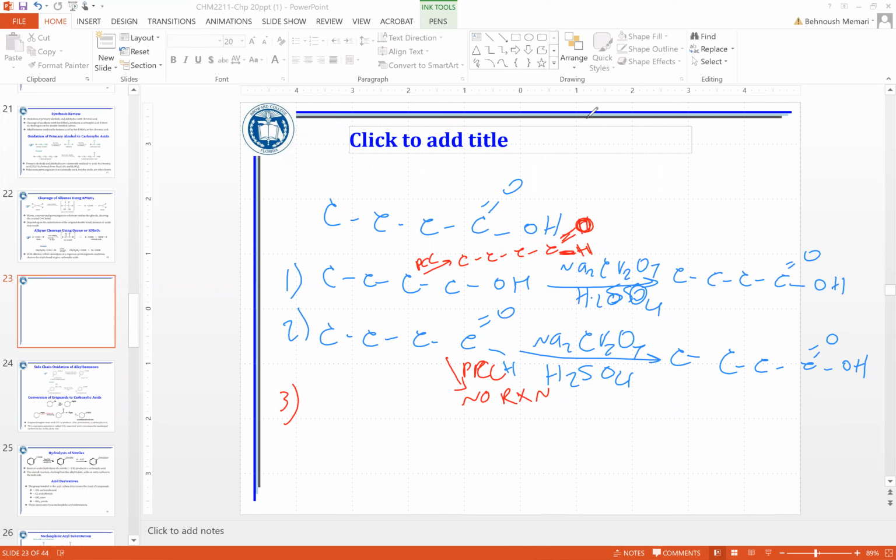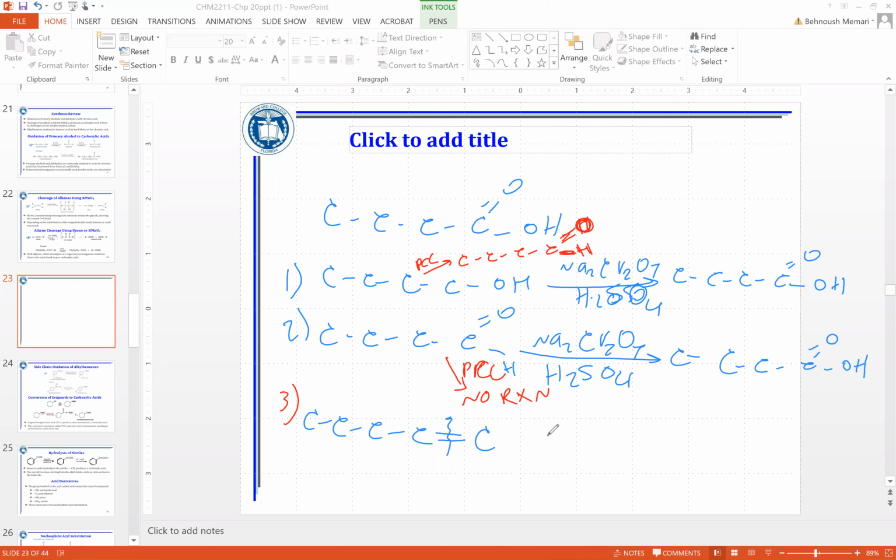Third method, we want to do oxidative cleavage of alkene. So what happens if I use an alkene like 1-pentene? If I use 1-pentene and do oxidative cleavage, one side is going to give me a 4-carbon carboxylic acid, because I have to use a strong oxidizing agent.